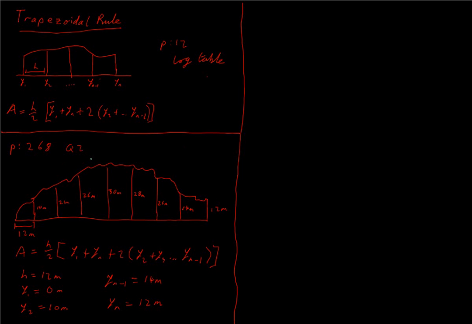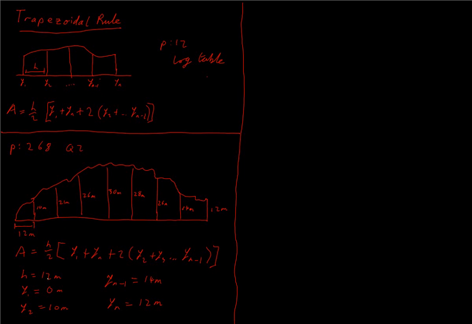We're going to have a look at question 2 on page 268 and see if we can figure out the different parts. I see I have a curve that's been broken up into lots of little pieces. So I open up page 12 in my log tables and I write down this whole formula. Then I'm going to find what each of the letters are in my question. And remember, in the log tables it gives you this picture, so it reminds you of what the different letters are. In this case we're told that our distance between our lines is 12 meters.